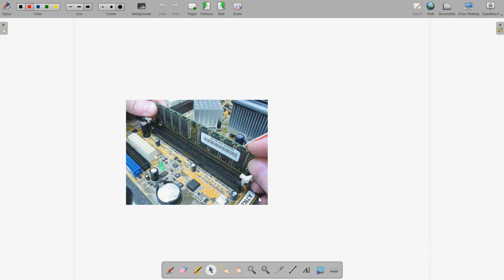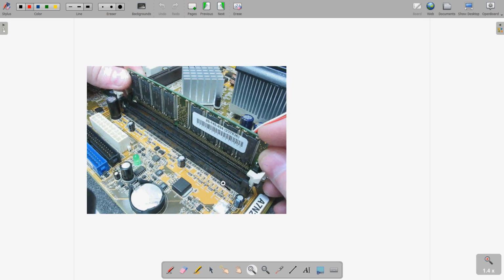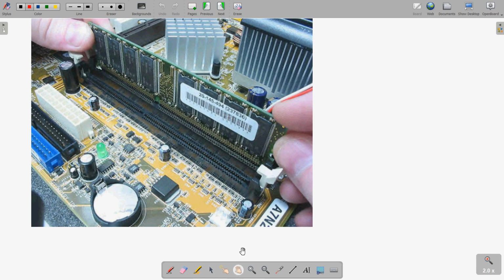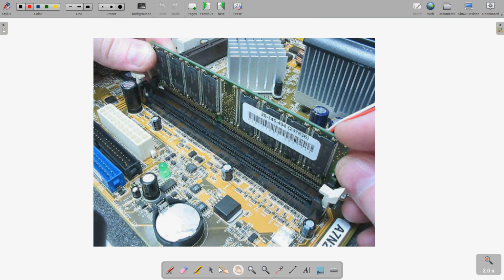Here you can see, let me zoom in. This is how the RAM is being inserted. Clear? Here you can see this part, this is the RAM. And the green part on which these black RAM chips are placed, these are the RAM chips, and the whole circuit on which these RAM chips are placed is the memory module.